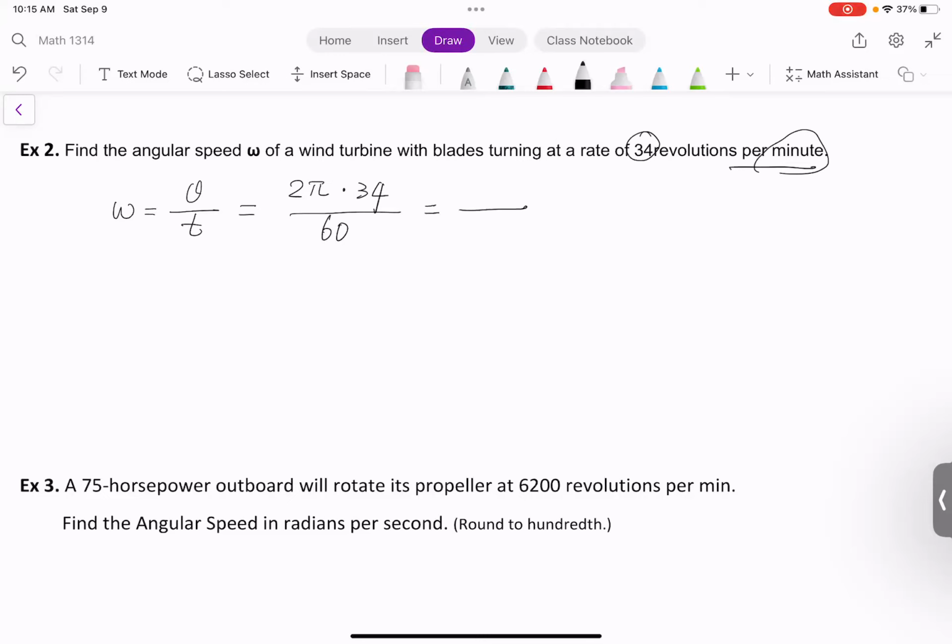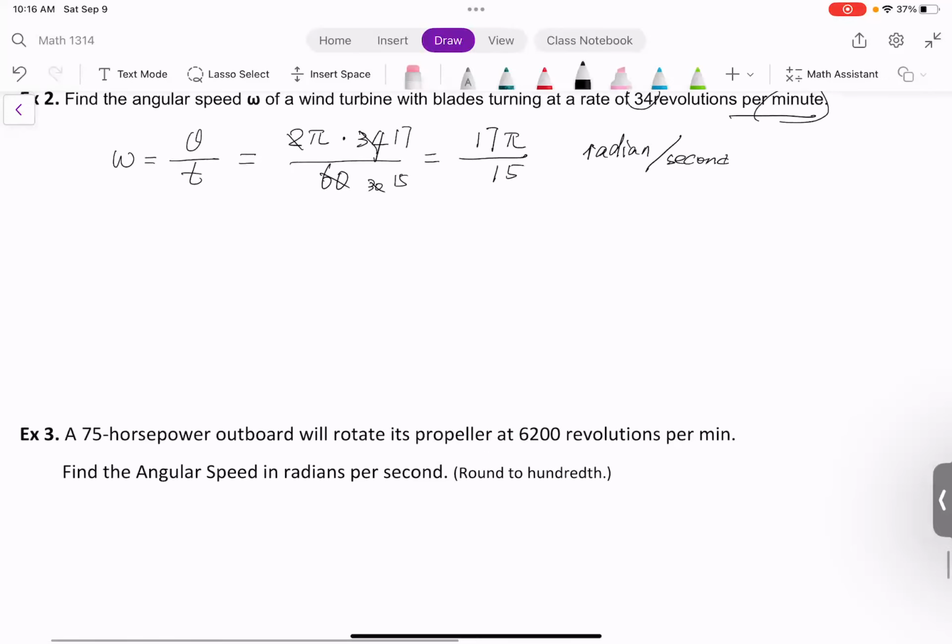Do the cancellation. What do I have? 2 over 60, I get 30 left, here divided by 2, 15, 17. So I have 17 pi over 15, and the unit is radians per second.